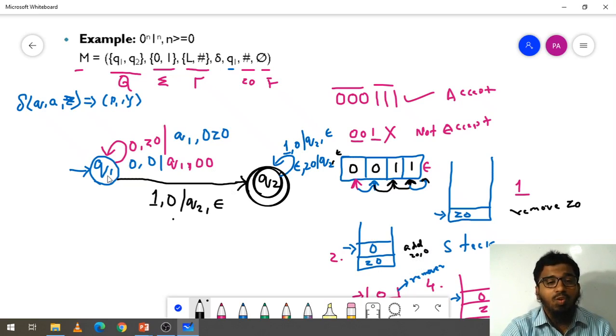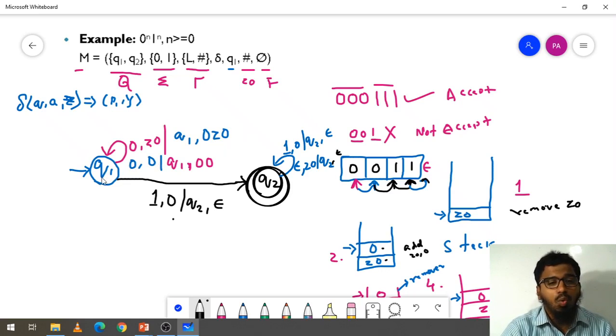So it will go to the Q1 state with 0 Z0. Why are we adding 0 in the stack? Because that is a rule: whenever we have a 0, we need to add it in the stack.